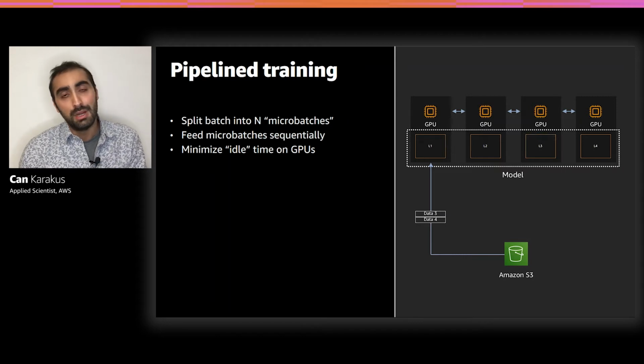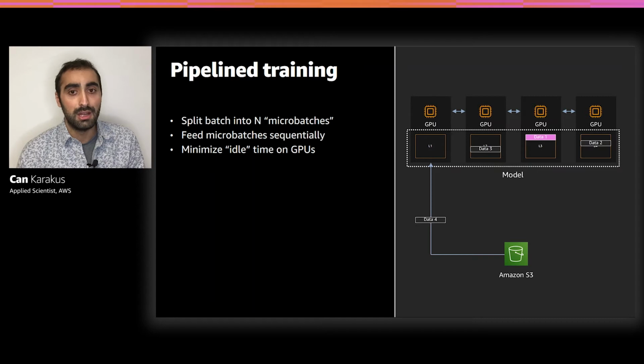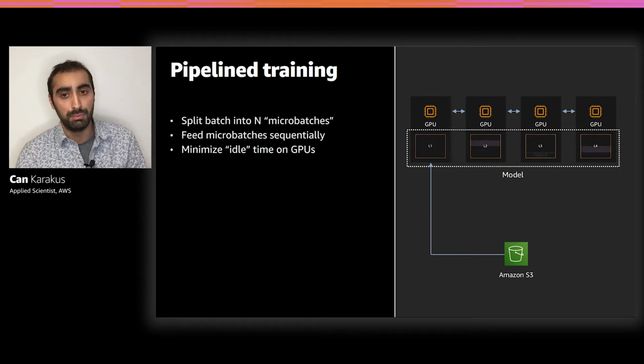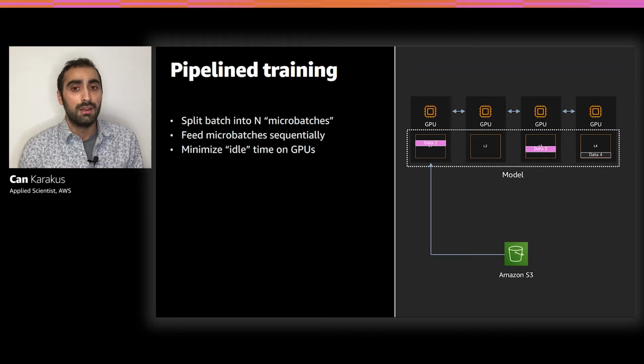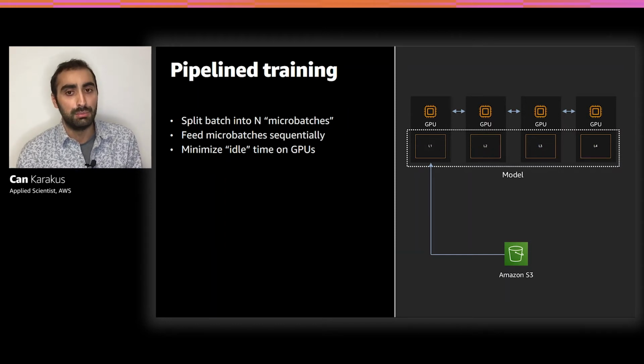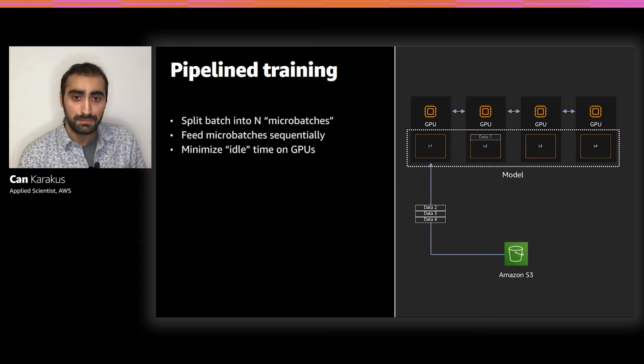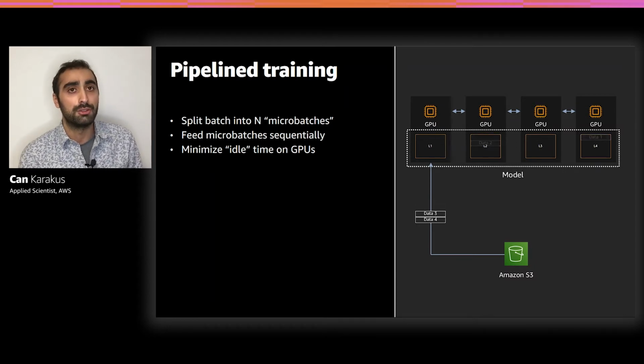And the runtime of the model parallel library specifies the schedule and orchestrates the execution across all these GPUs in such a way that maximizes the execution time of each GPU. And if we look at the pipeline version of our earlier animation, we see that at a given point of time, multiple GPUs can actually work in parallel, unlike before.